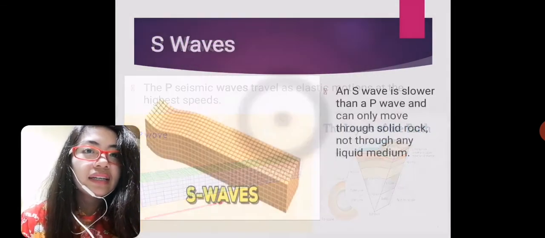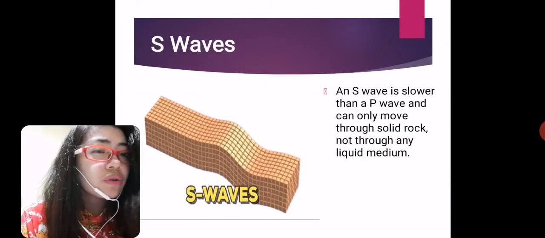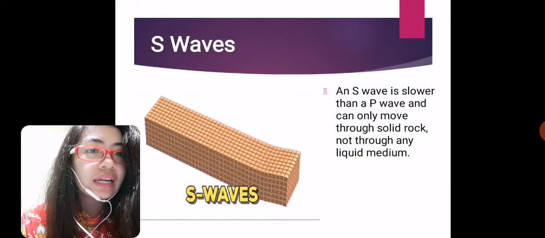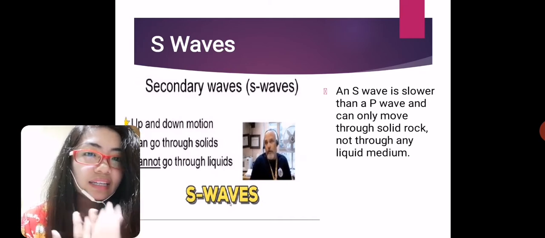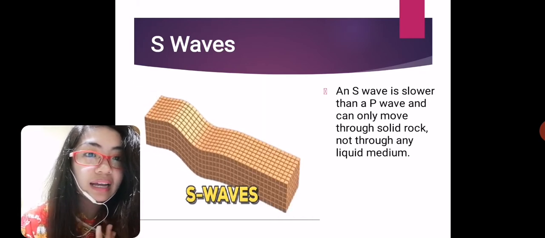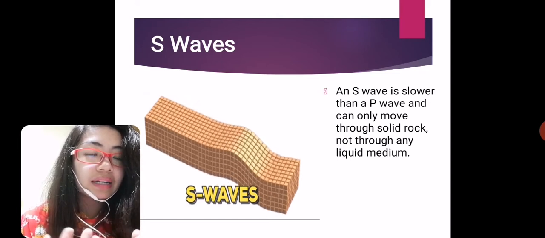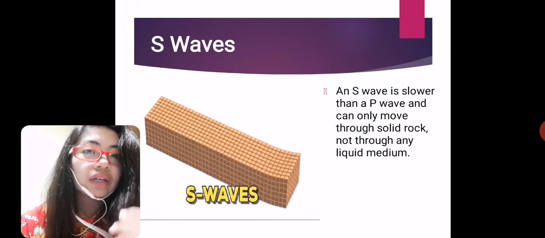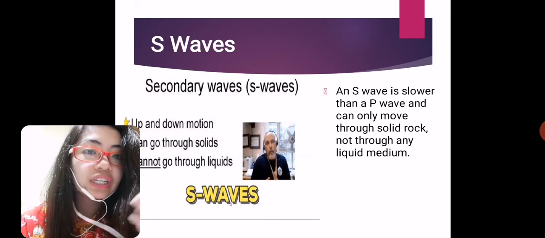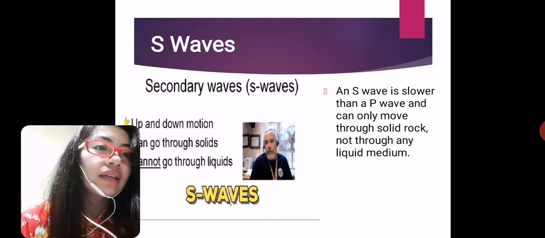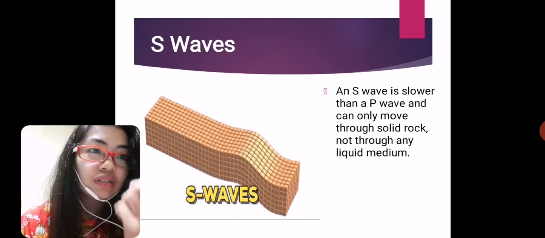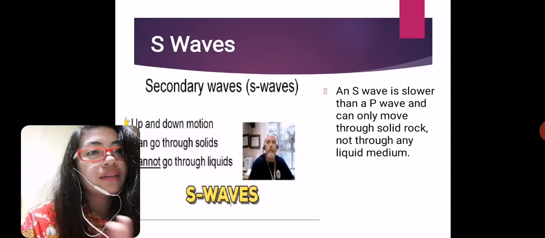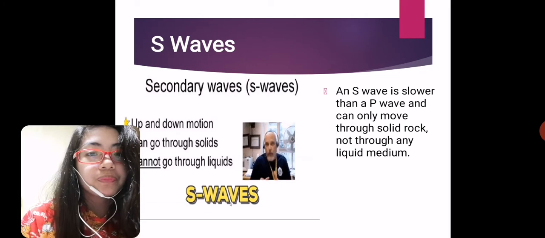Unlike kay S-wave. So, as you observe, doon sa kanilang movement, si P-wave ay pa-compress and then diretso lang yung nagiging movement niya. Si S-waves naman is gumagawa siya ng curve. Meron siyang crest na ginagawa. Then, the S-wave is slower than P-wave and can only move through a solid rock, not through any liquid medium.